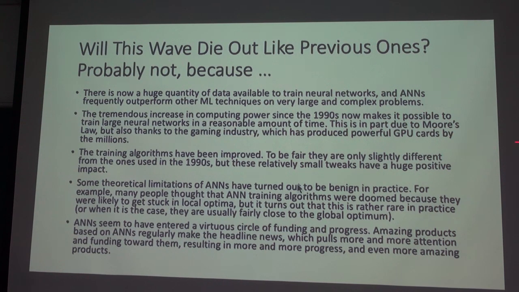You know Moore's law, right? Every couple of years, the computing power doubles. So Moore's law allowed us to have much more powerful computing devices at a cheap price. But also thanks to the gaming industry, which has produced powerful GPU cards by the millions.